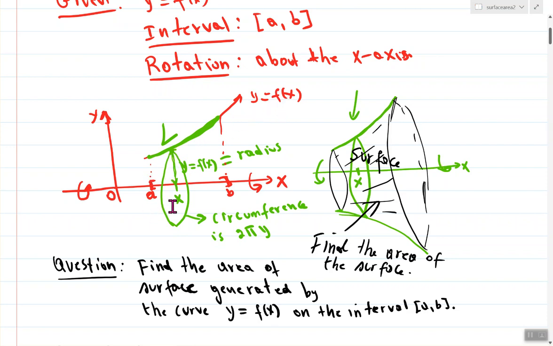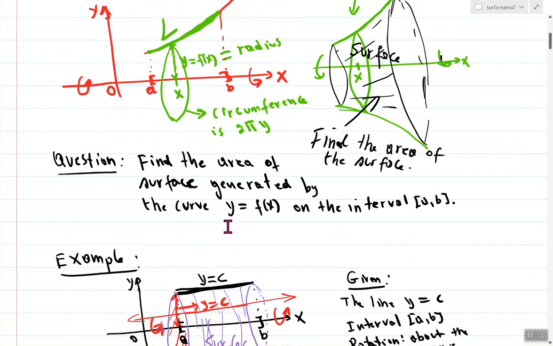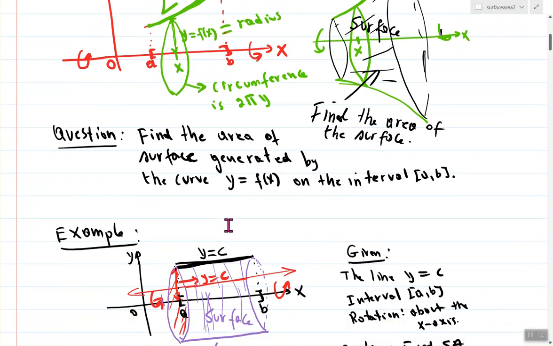So that means the circumference of this circle is going to be 2 pi times y. y is f of x. And this side, we know it's the length. So that will give us the arc length, which we call L.